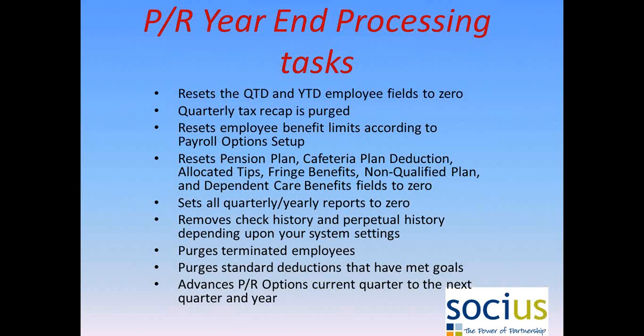It sets all quarterly and yearly reports to 0, removes the check history and perpetual history depending upon your settings and your options again. It also will purge terminated employees and standard deductions that have met goals. And then, of course, it advances the options to the next quarter and year.